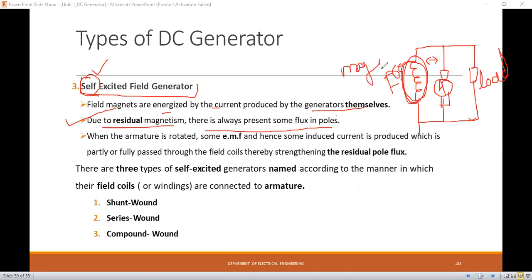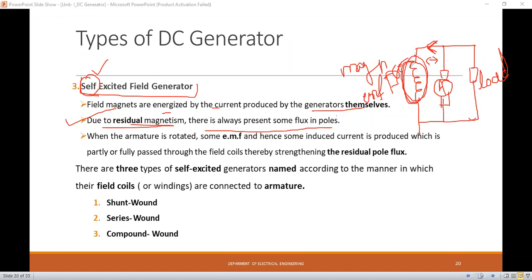So residual magnetism in the sense of some induced EMF will be present before giving an excitation. काहीतरी EMF याच्यामध्ये present असतो due to the residual magnetism. Okay, so this induced EMF will circulate some current in the generator. या field winding मधून तो काहीतरी करंट जनरेट करतोय, or the induced EMF will be flowing through the field winding.